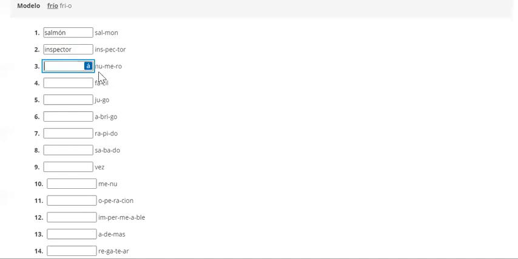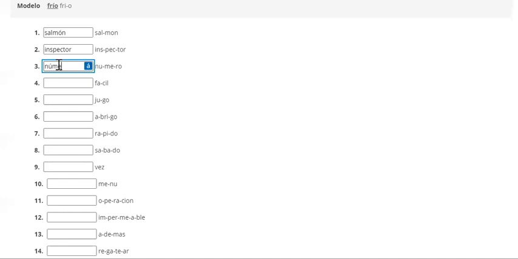Okay, next one, we've got número. The word is número, número. Now, if you are saying this correctly, número, número, the stress is actually on the NU. This syllable right here is the stressed syllable, which is the third from last syllable.